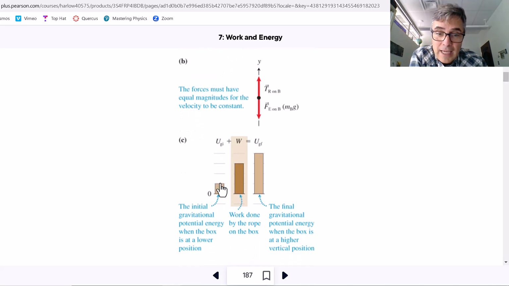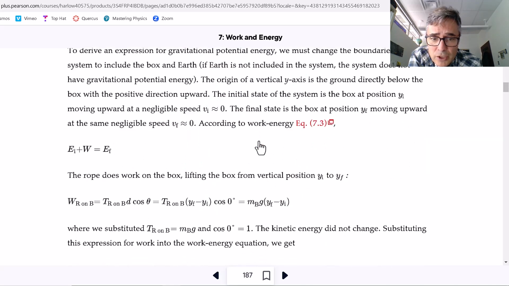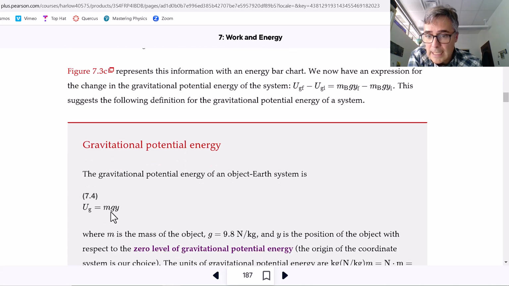Since the Earth is part of the system, we don't take into account work done by the force of gravity. That's an internal force because we include the Earth. Instead, we say that there's a gravitational potential energy, which is m times g times y, where y is the height. That's the negative of the work done by the force of gravity.